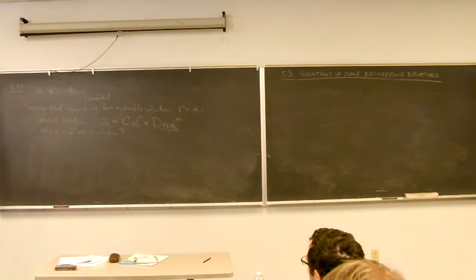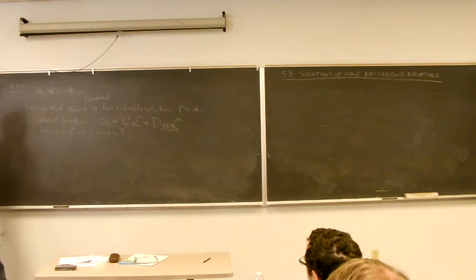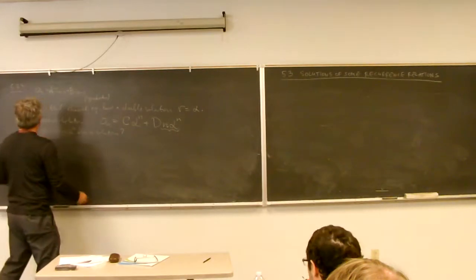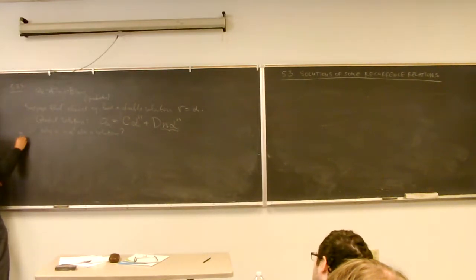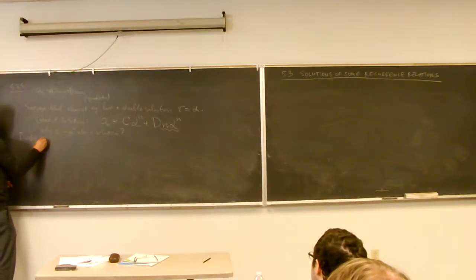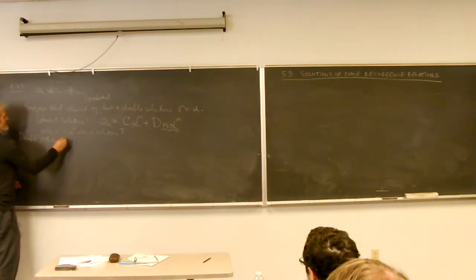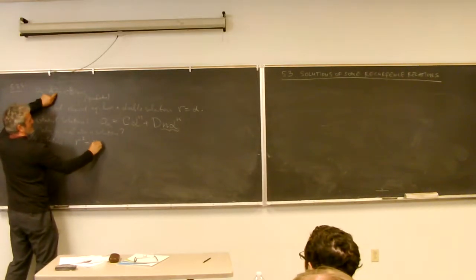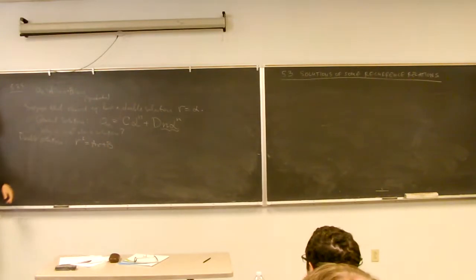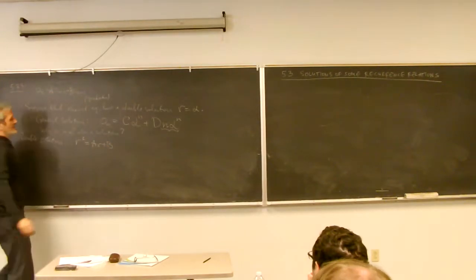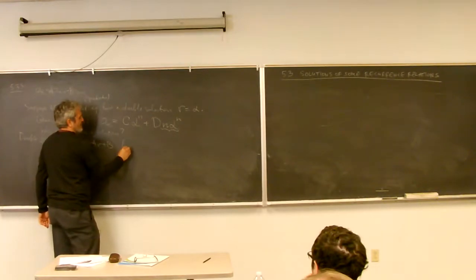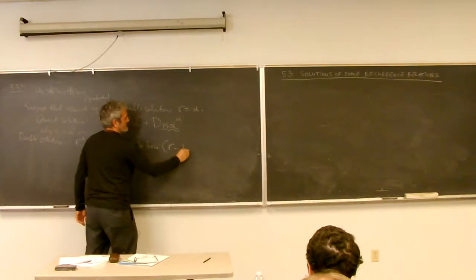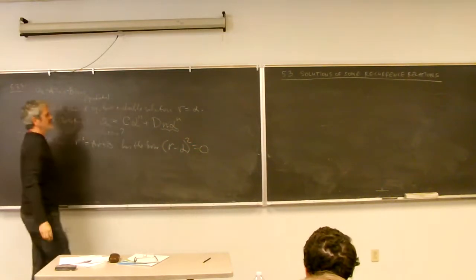So when you have an equation like this, a double solution means that your equation r squared equals ar plus b has the form r minus alpha squared equals 0.